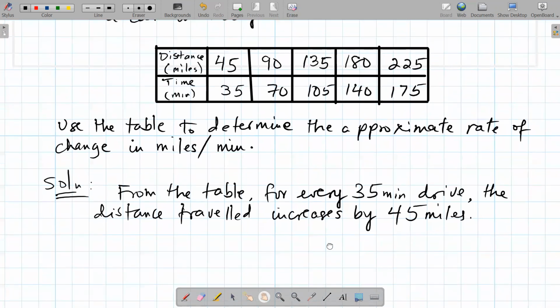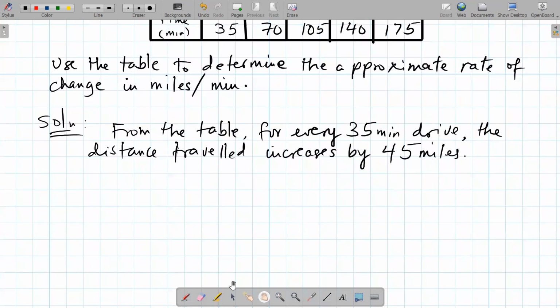So this tells us the rate. Okay, so the rate will be nothing more than, what's the rate of change? By the question, it says miles per minute.